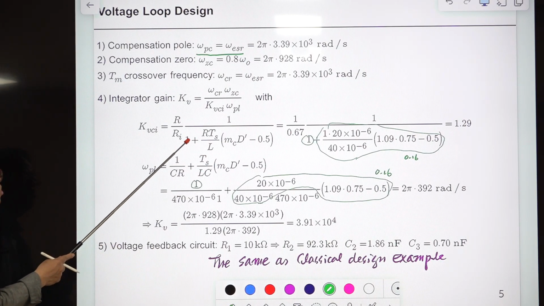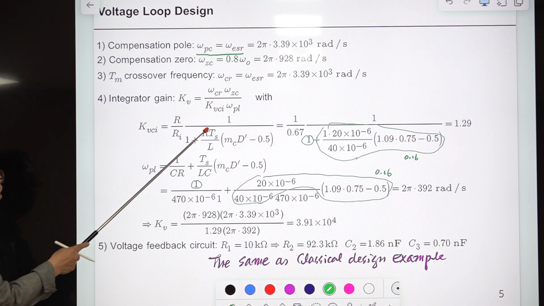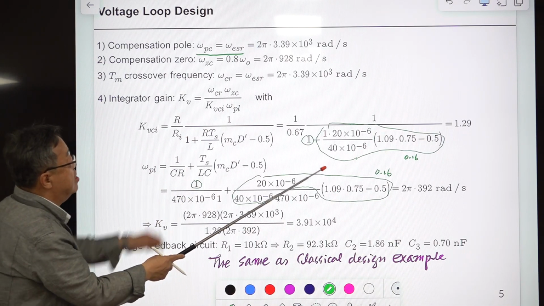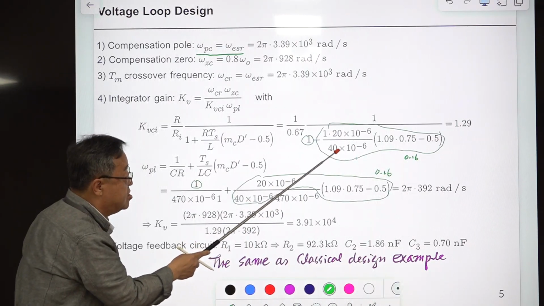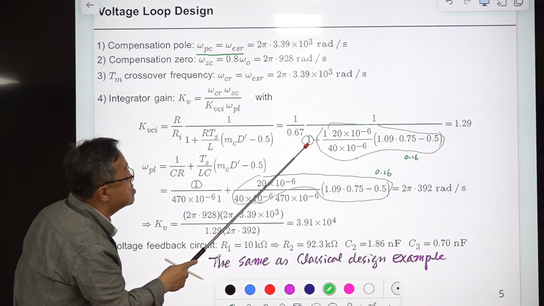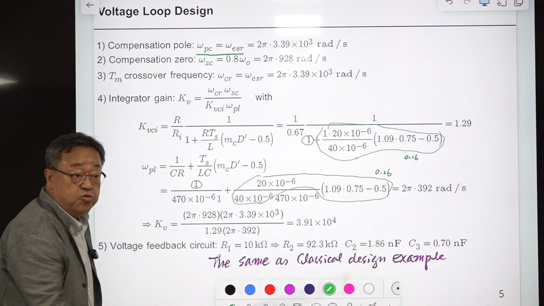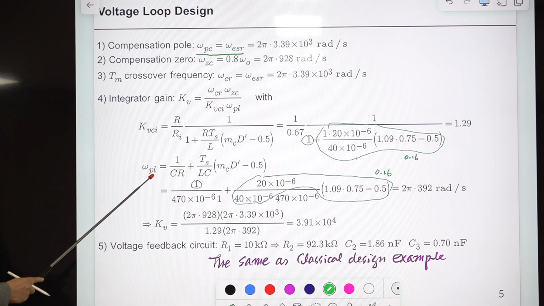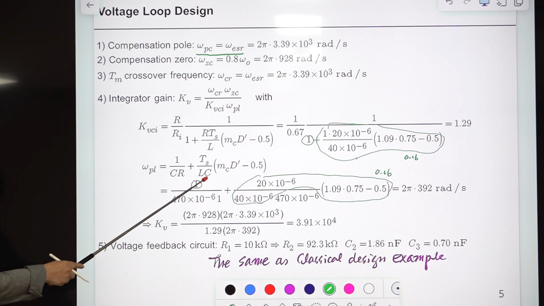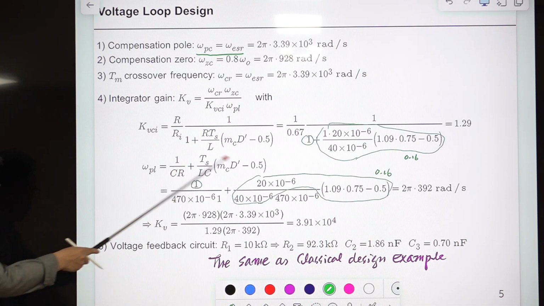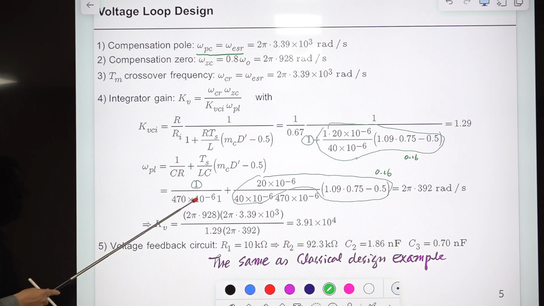If you compare this with 1 and this number, which I calculated yesterday, it is nothing. So you ignore this, and omega PL. This is the expression of classical analysis. We have some additional debris, garbage here, and you have the same thing.